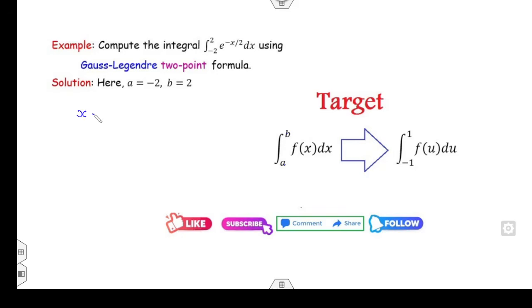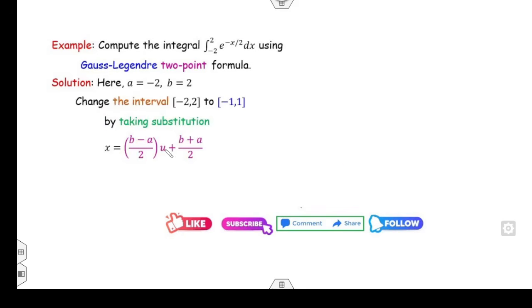For that, you can use the substitution x is equal to (b minus a) divided by 2 times u plus (b plus a) over 2. I can substitute the values of b and a: it is 4 over 2 u plus 0. So that means x is equal to 2u.